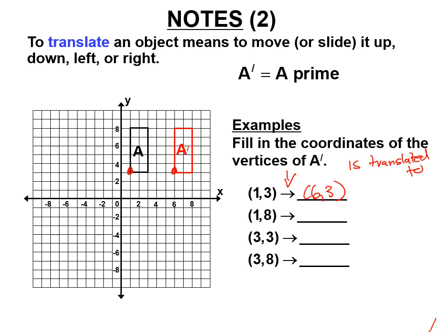Fill in the rest. (1, 8) has now been translated over to (6, 8). Use a different color for this. (3, 3) has been translated to (8, 3). And (3, 8) has been translated to (8, 8). We're filling in the vertices, the corners.